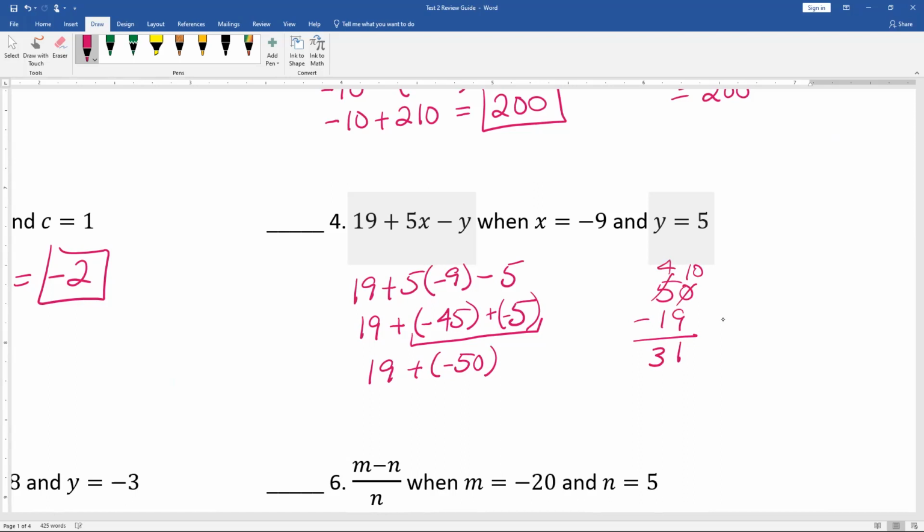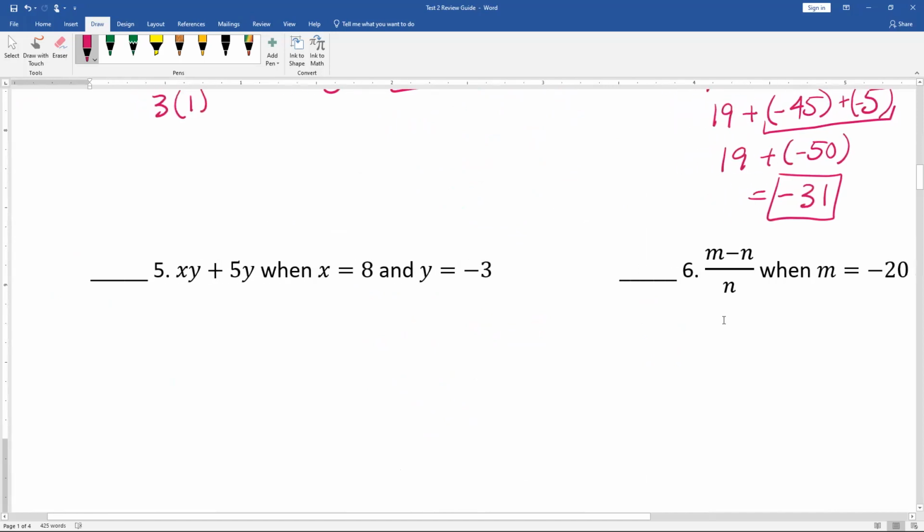Four minus 1 is 3. All right, so negative 31. We all agree? We only agree if you do that work. Only if it's right? All right.